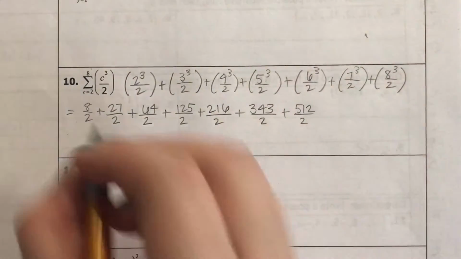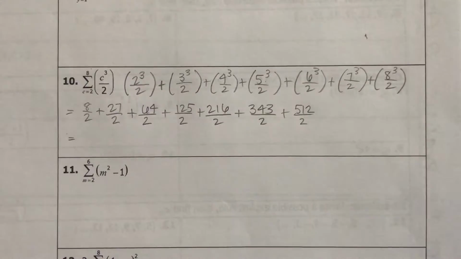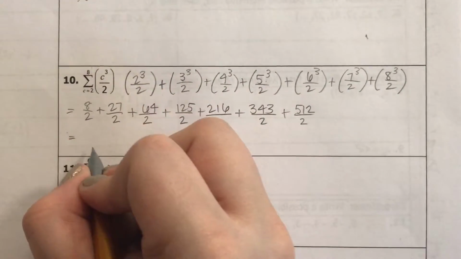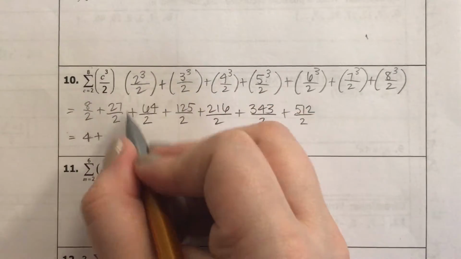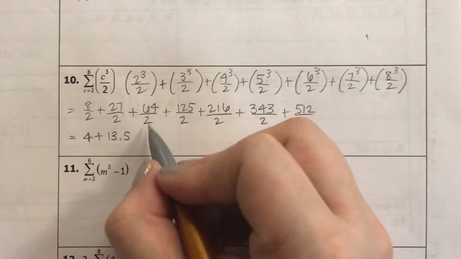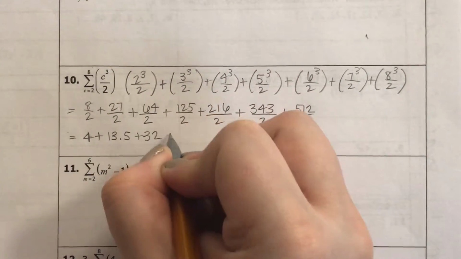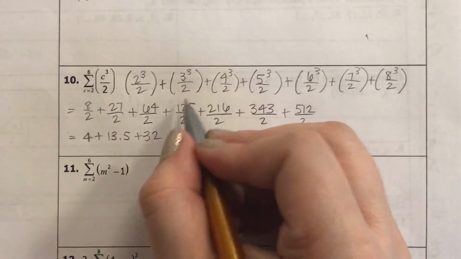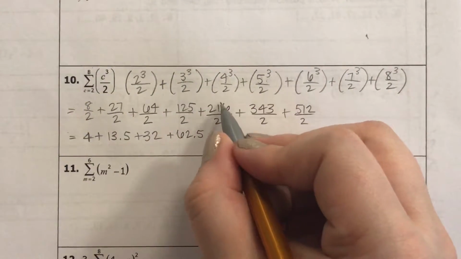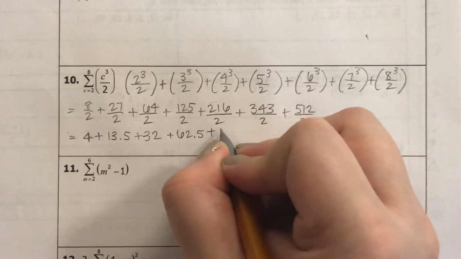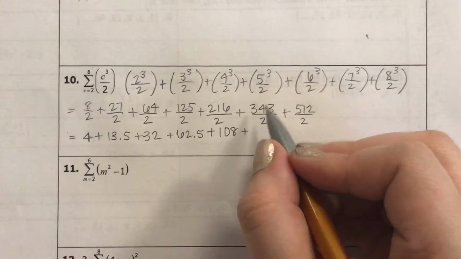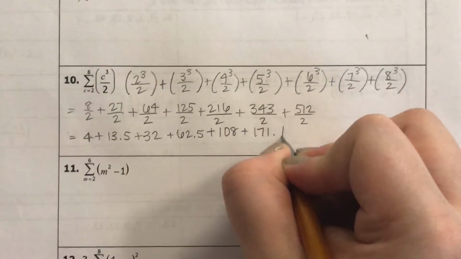Okay, these are going to be easy to figure out. Halves, I mean, all of these are because you're just dividing by 2. 8 divided by 2 is 4. Half of 27 is 13.5. 32. Let's see, 62.5. Half of 216 is 108. 343, that's 171.5.